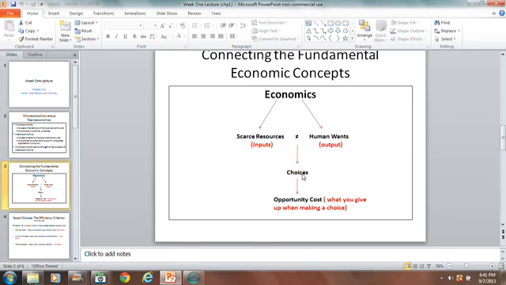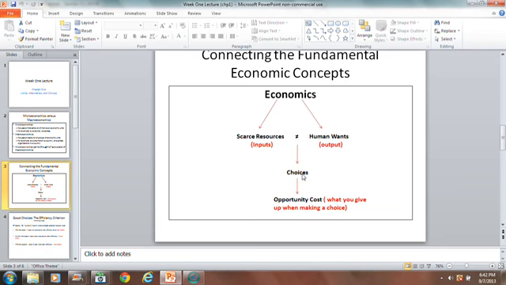Now, once you start making choices, that by definition means that once I commit to doing something, I'm also decommitting to doing something else. If I decide to take a step forward, that also means I can't simultaneously be standing still.